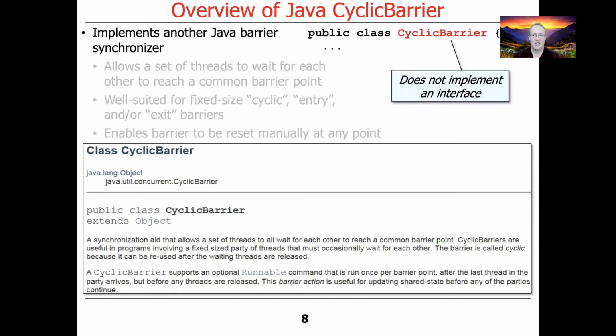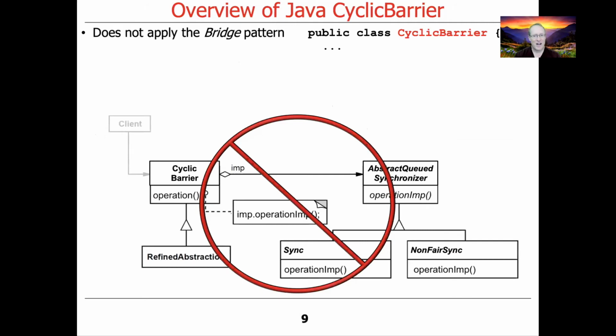As with countdown latches, a CyclicBarrier does not implement any interface. It just defines the methods that it defines. Likewise, the CyclicBarrier, unlike the countdown latch, does not apply the bridge pattern. So it doesn't have any of the same familiar structures that we've seen before with some of the other synchronizer frameworks in Java.